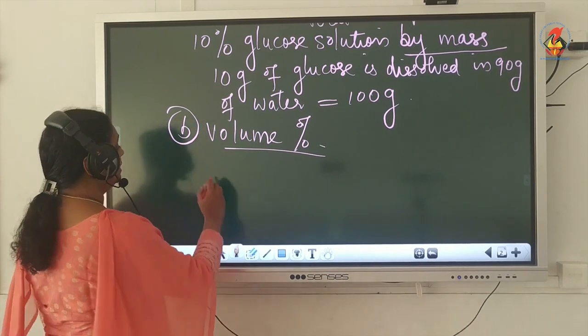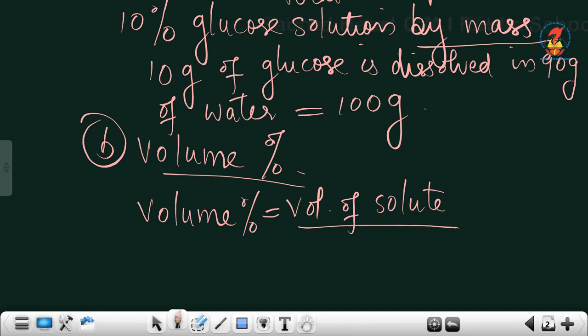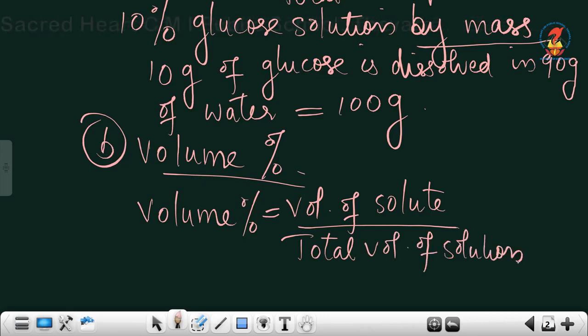So when we write the expression, volume percentage is equal to volume of solute divided by total volume of solution into 100.